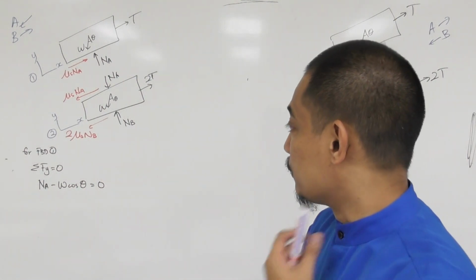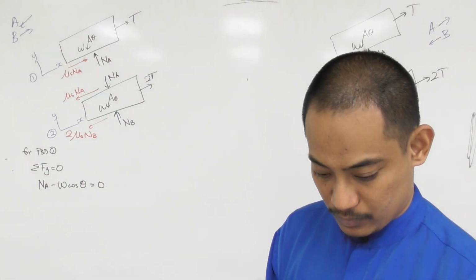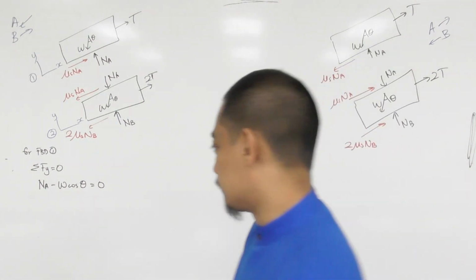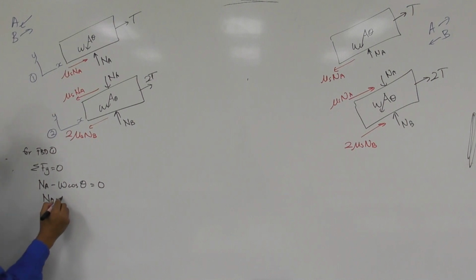Because what we want is theta. So NA is basically equal to W cos theta.